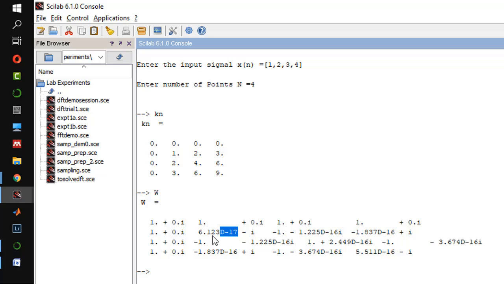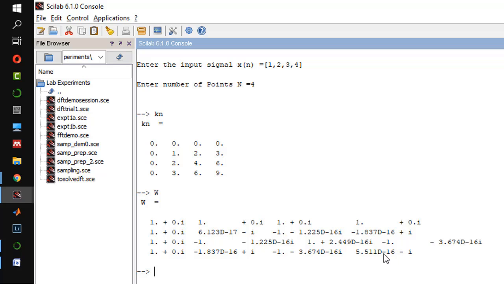This is how we read it. This is basically 0 only. So this is nothing but 0. And this is minus i. If you remember the 4-point DFT matrix, the first row is everywhere 1, and the first column is everywhere 1.